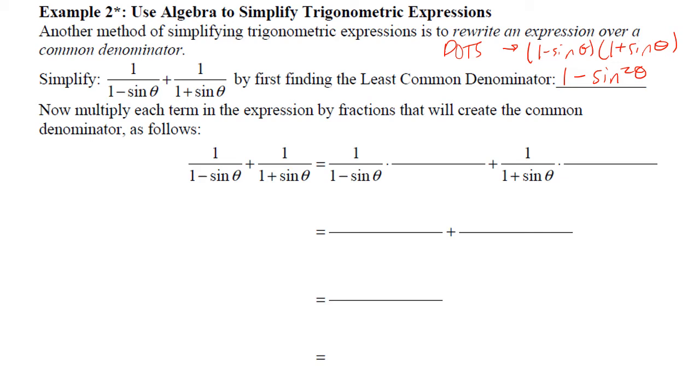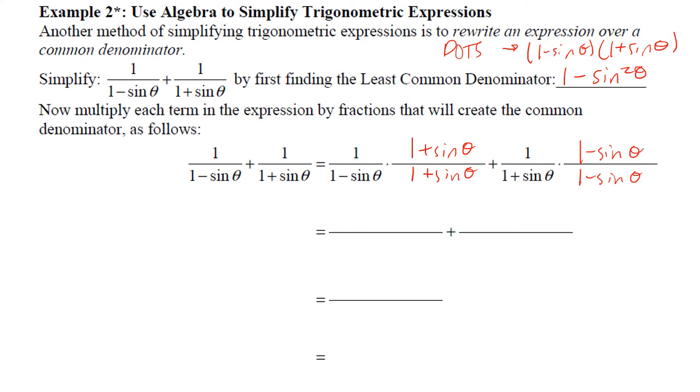So when I come down here, I ask myself, how can 1 minus sine theta become 1 minus sine squared theta? Well, that's by multiplying by 1 plus sine theta. What I do to the denominator, I need to do to the numerator. How can 1 plus sine theta become 1 minus sine squared theta? Well, I have to multiply by 1 minus sine theta. What I do to the denominator, I do to the numerator.